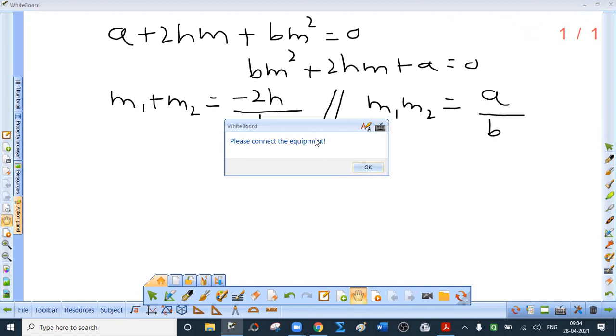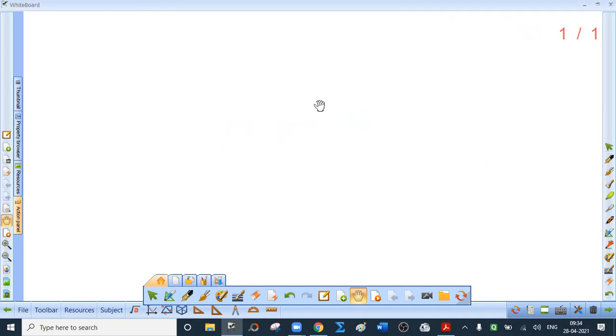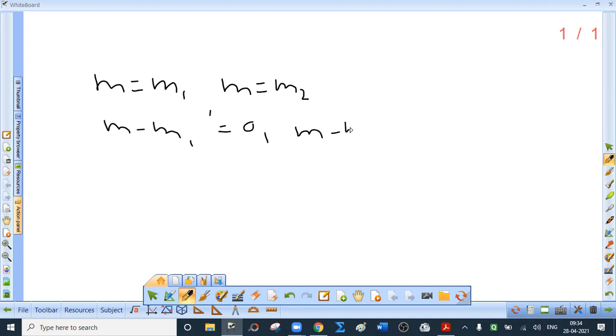Suppose m1, m2 are the roots of the quadratic equation in m, where m is the slope. So I can say that m is m1, and m is m2, because m1, m2 are the roots, meaning values of m. So can I say m minus m1 equal to 0 and m minus m2 equal to 0? Yes, I can.